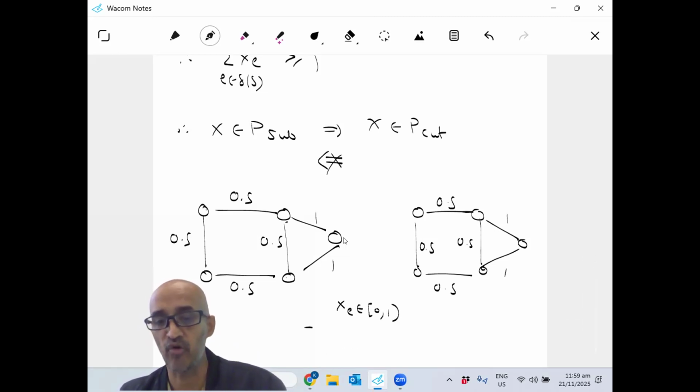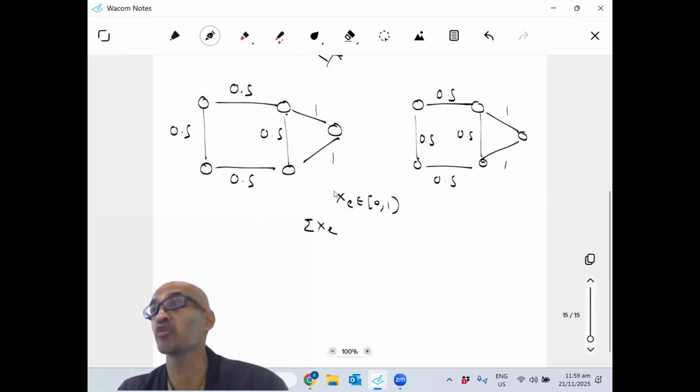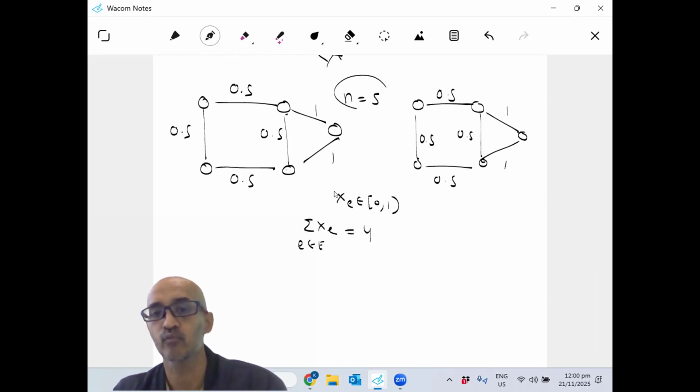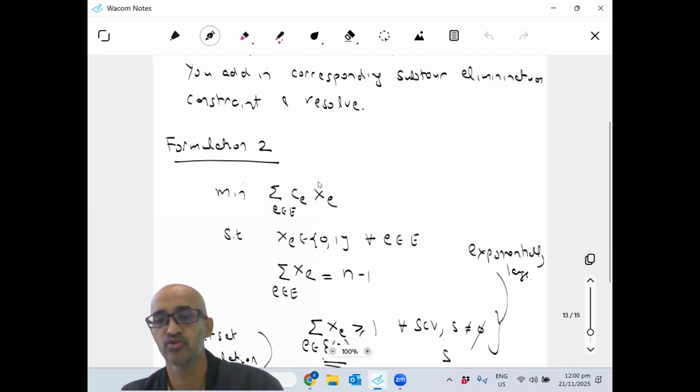The sum of the x_e's is what? 0.5 plus 0.5, that's 1, plus 1, 2, 3, 4, is equal to 4. How many nodes are there? 1, 2, 3, 4, 5. n is 5. So it satisfies this constraint, the first constraint.